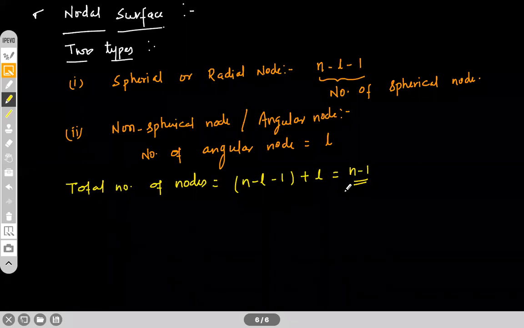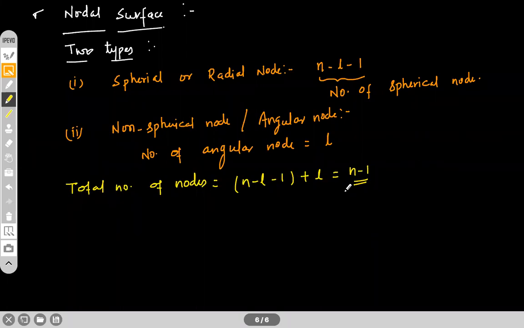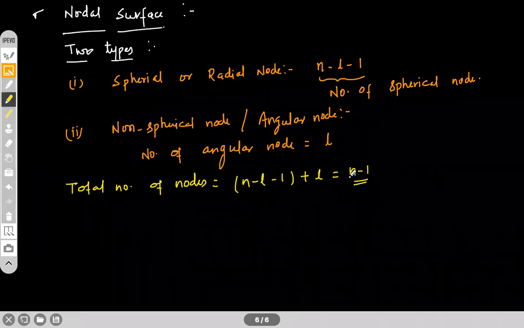So if they ask you the number of nodes, you can directly find it with this formula. If they ask you the number of spherical nodes, you can use this. Non-spherical, you can use this. That is it. Now, one kind of question is regarding the number of nodes.